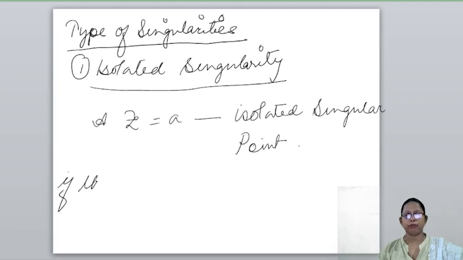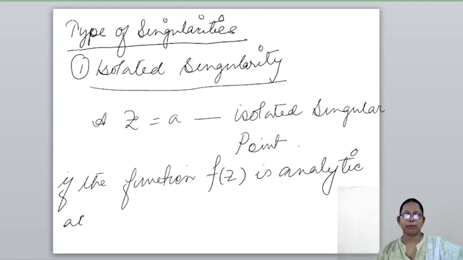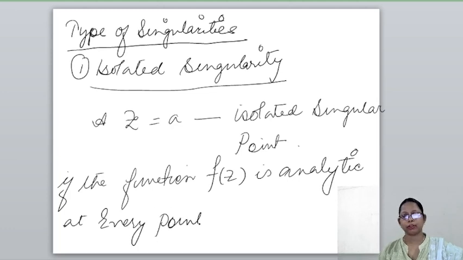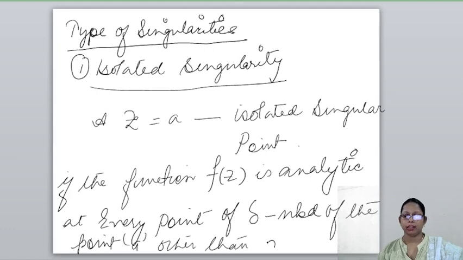if the function f(z) is analytic at every point of the deleted delta neighborhood of the point a, other than a itself.